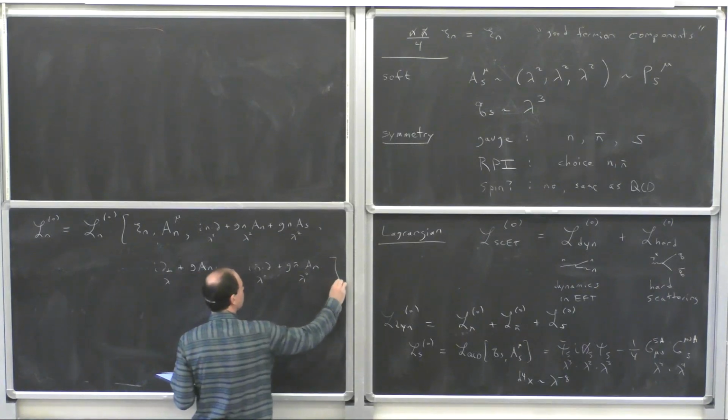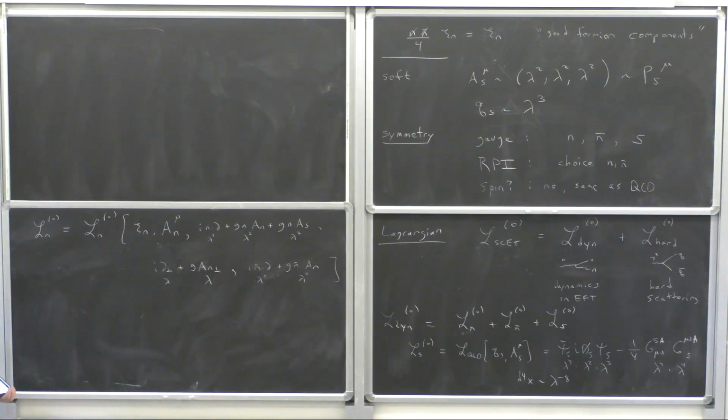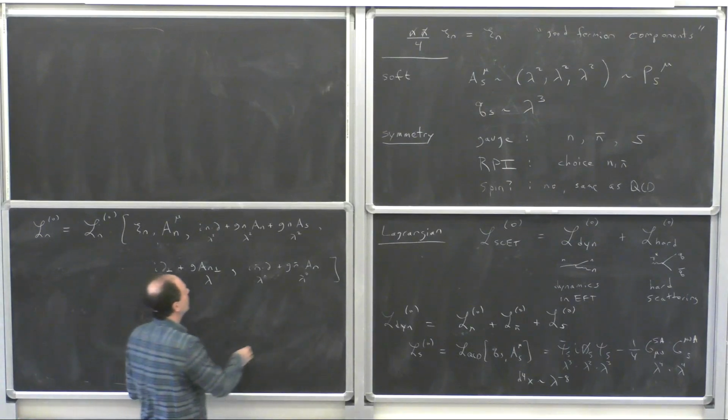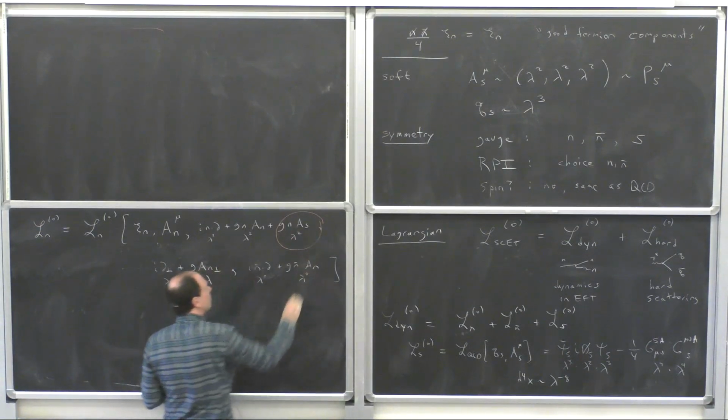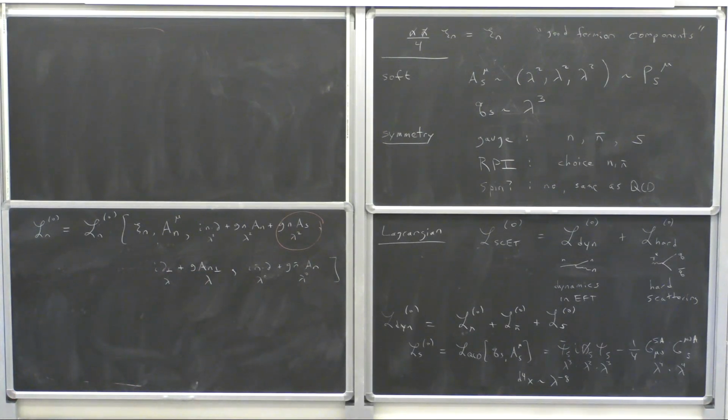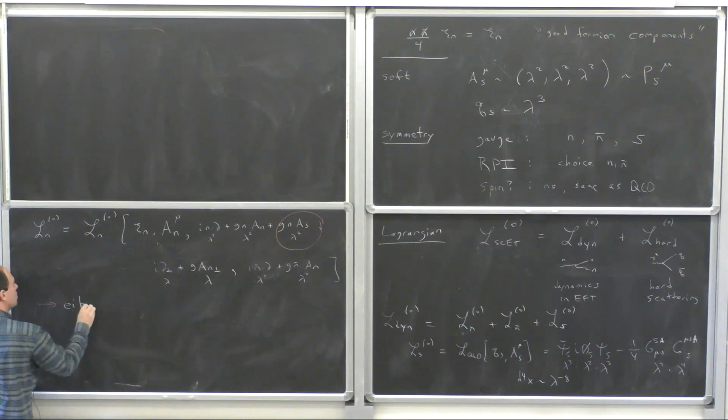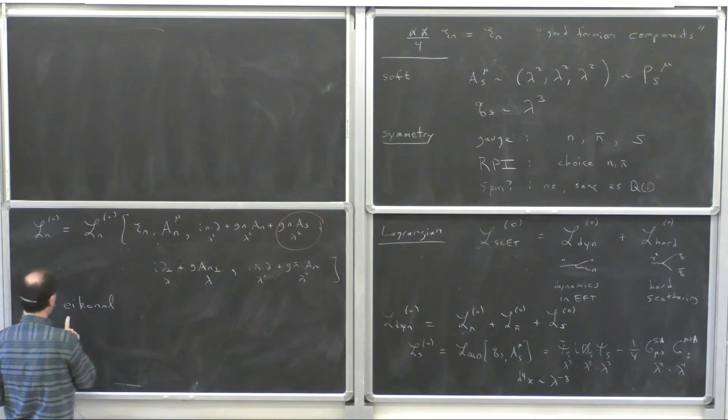Just from a power counting perspective, I don't have couplings to two components of the soft field. I only have couplings to this one component in my Lagrangian. And the fact that there's only n.A_s leads to the eikonal approximation for soft particles coupling to collinear particles.